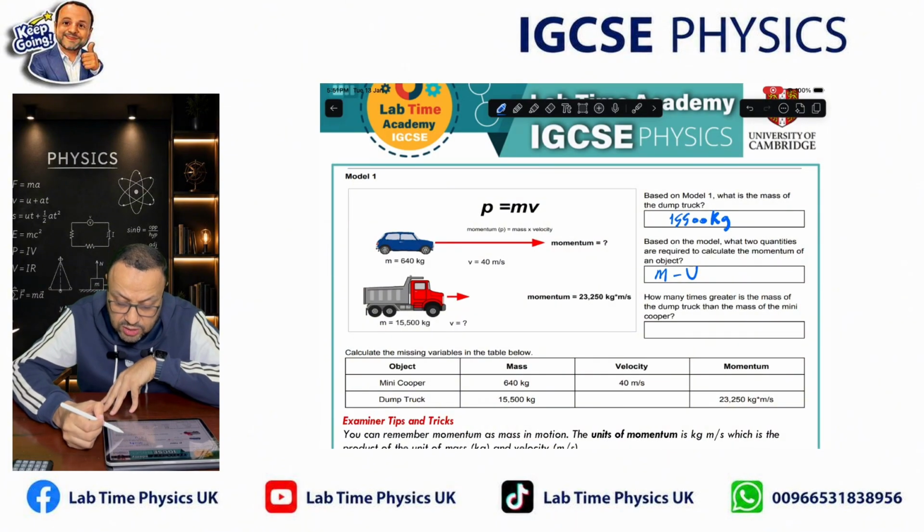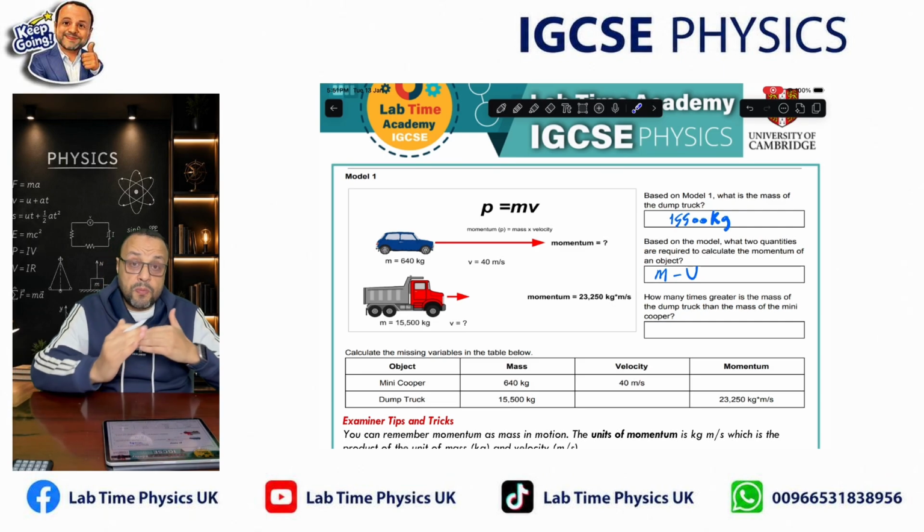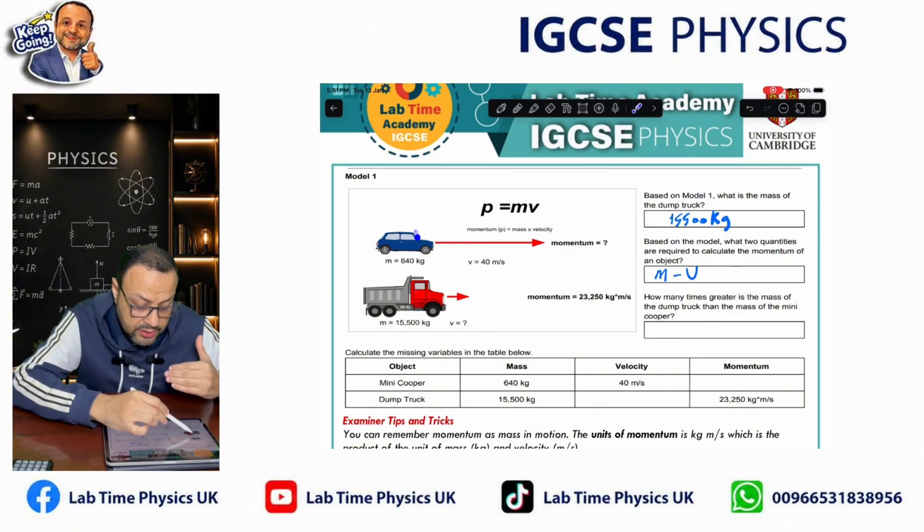How many times greater is the mass of the dump truck than the mass of the Mini Cooper? So he asked me to compare between these 2 cars, the dump truck and the Mini Cooper.